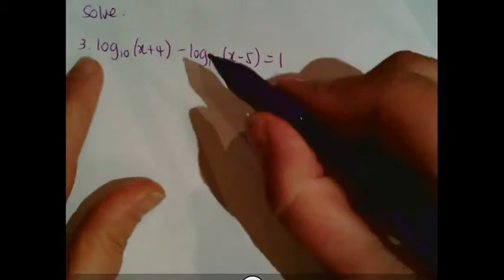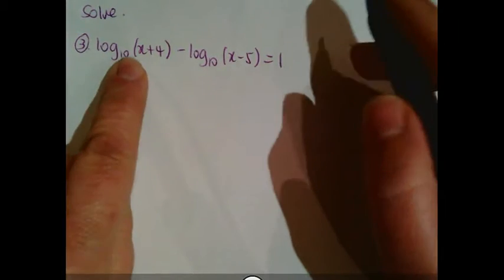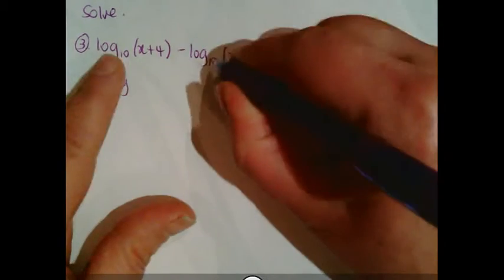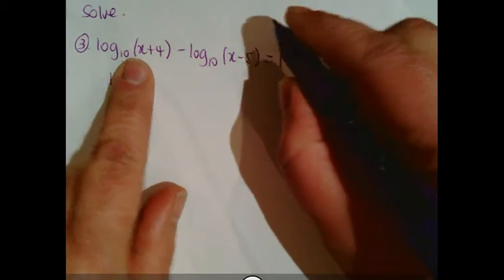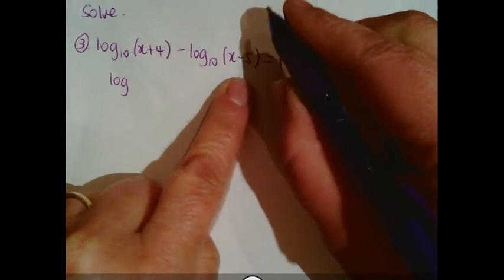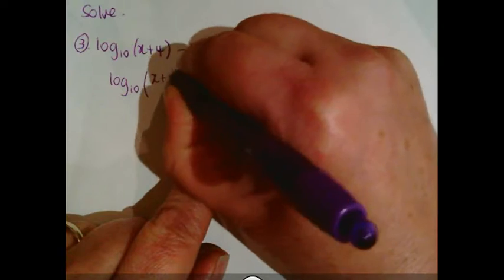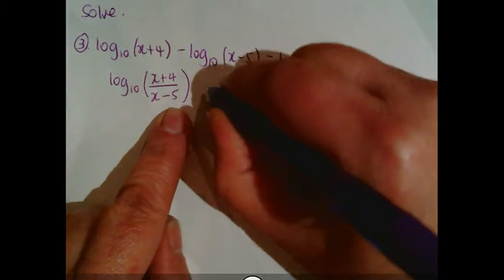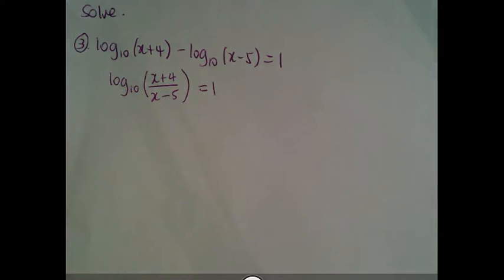Here's the first example. Solve, this is question 3. Solve log to the base 10 of x plus 4 minus log to the base 10 of x minus 5 equals 1. If you're doing the log of a number minus another one with the same base, remember this log law applies, where you're dividing the two. So log to the base 10 of x plus 4 over x minus 5 equals 1.